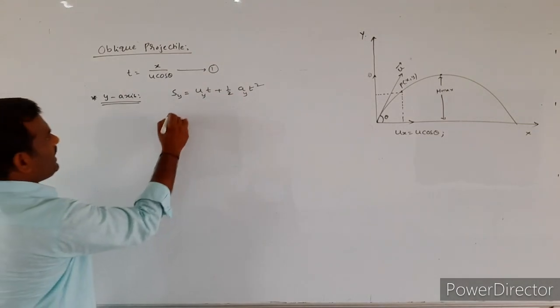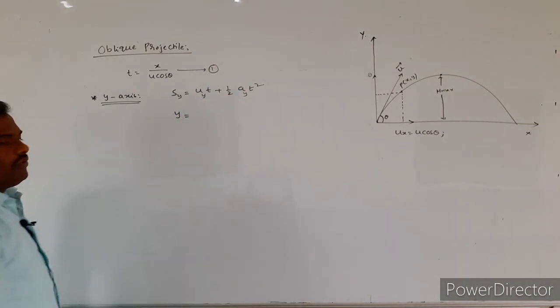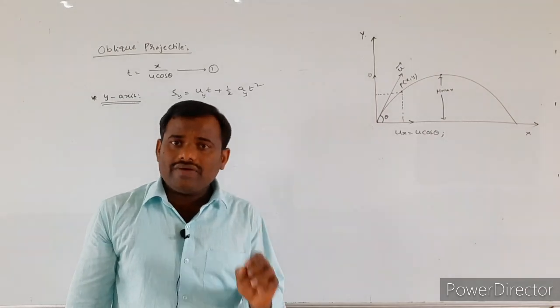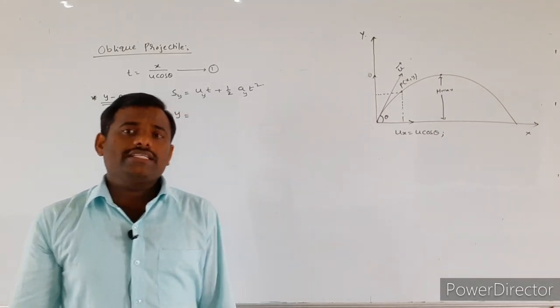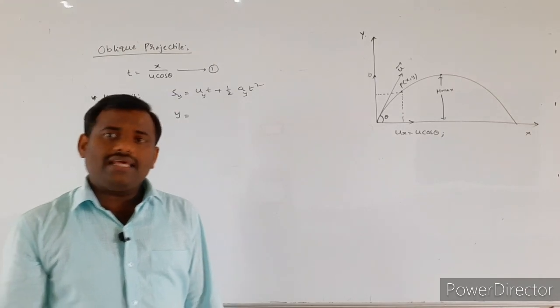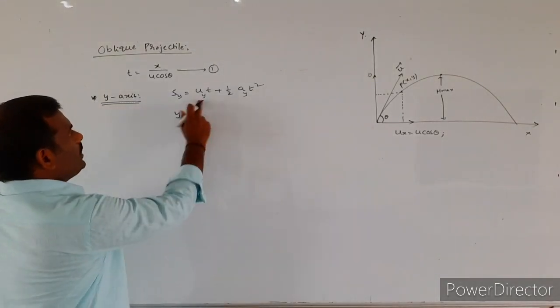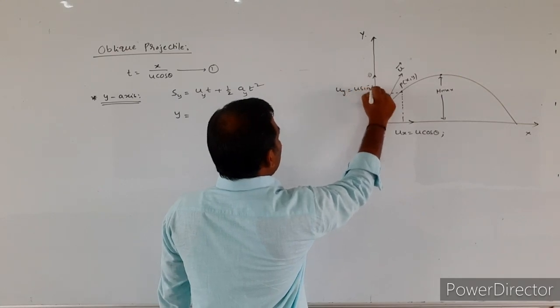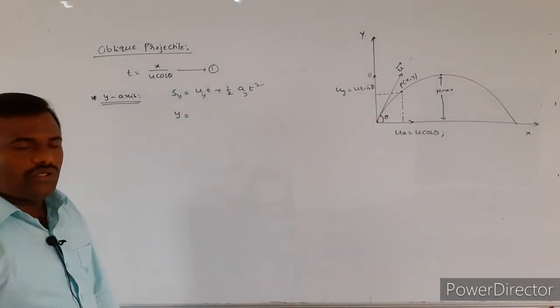So that value is nothing but Sy is equal to y, the displacement along the y-axis after t seconds. So y is equal to uy, which you already wrote: uy is equal to u sin theta.